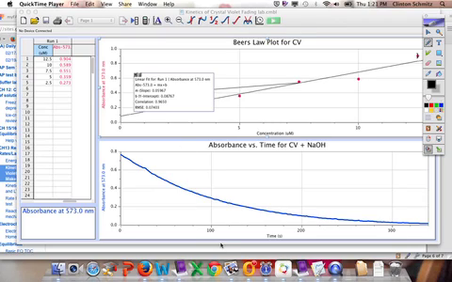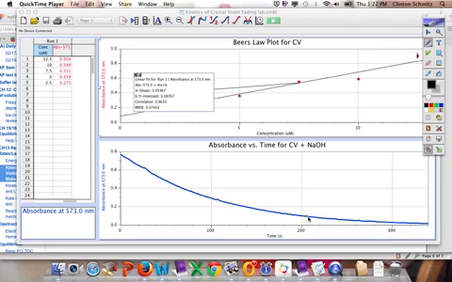Then I took some Crystal Violet and put it with sodium hydroxide in the cuvette, and I found that the absorbance changed over time, because when it reacts with sodium hydroxide, the purple Crystal Violet eventually turns clear, and so the absorbance went down over time.